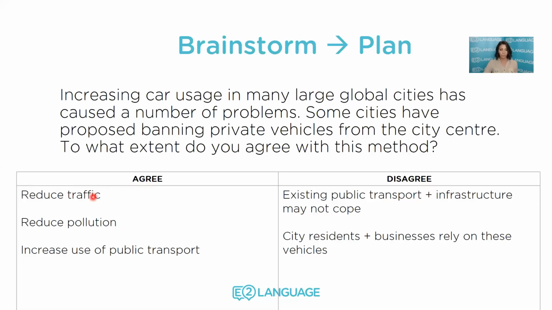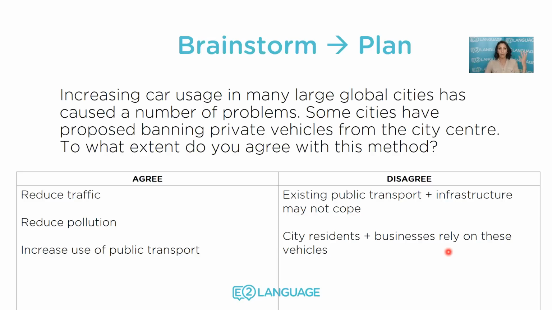It could reduce traffic, reduce pollution, and increase the use of public transport, which in turn will help the environment. On the other hand, there's always cons. And the cons are, well, existing public transport and infrastructure may not cope. And city residents and businesses rely on cars, rely on the use of these vehicles.